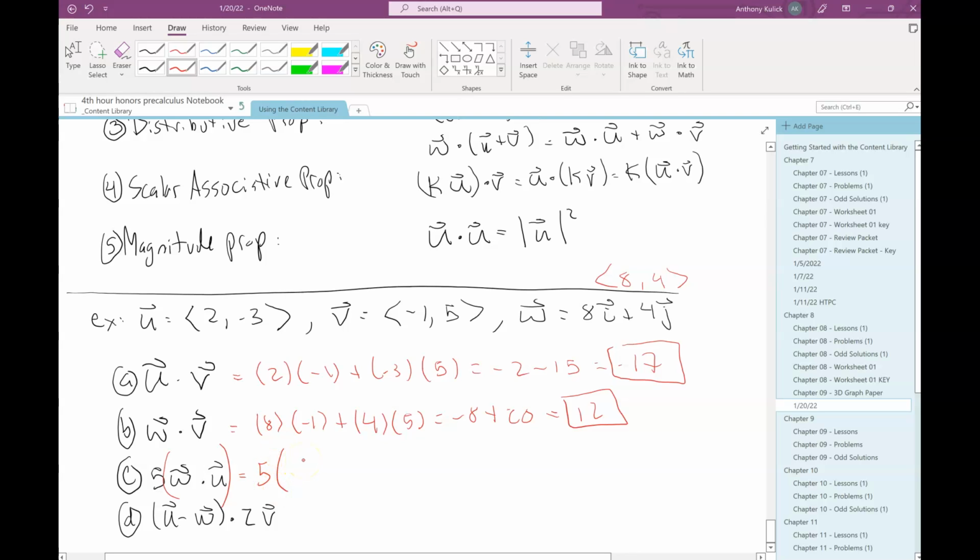So I'm going to do 5 times w1 times u1 plus w2 times u2. So that's 16, and then times 5 is 80. And then -12 times 5 is -60. So I get 20.